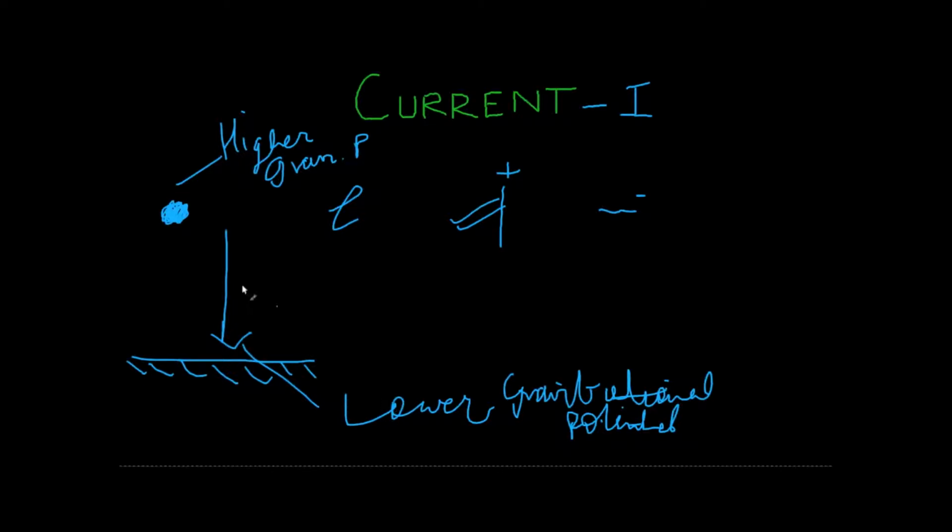So we always used to say the ball always falls from a higher potential to a lower potential. Same way, guys, if I have a beaker here, all these examples are given in your book too, and they're connected this way, and there is another beaker with less water in it.